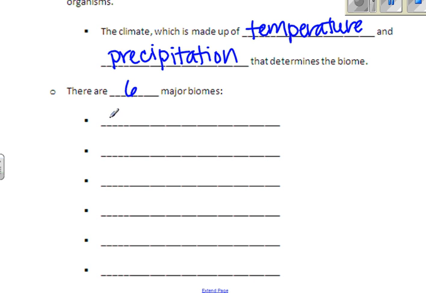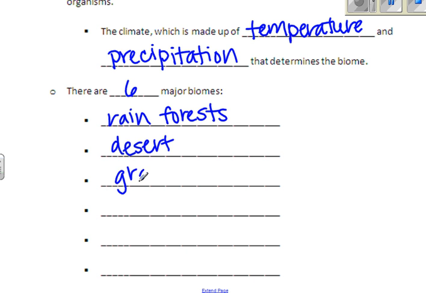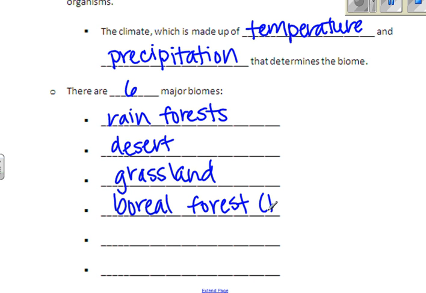We're going to talk about the rainforests, we're going to talk about the desert, the grassland, the boreal forest, or the taiga.